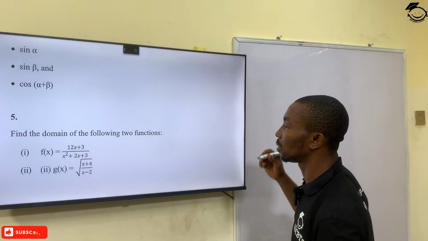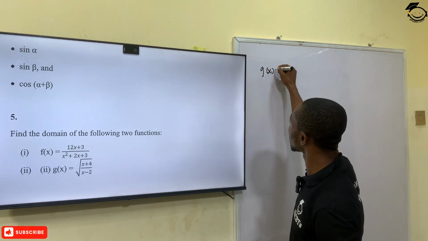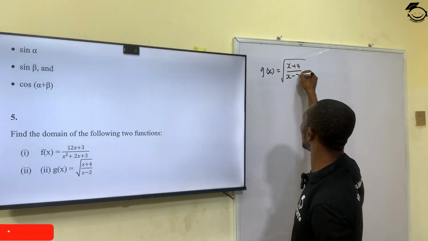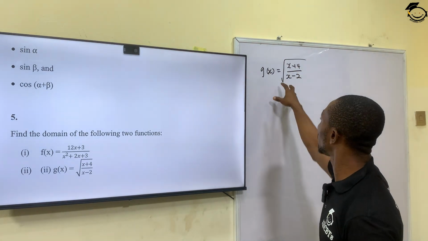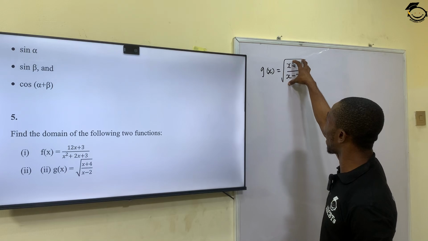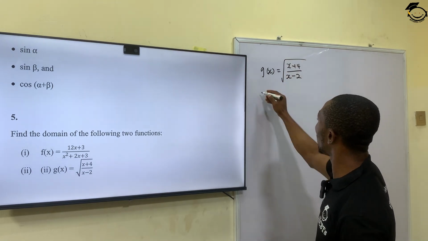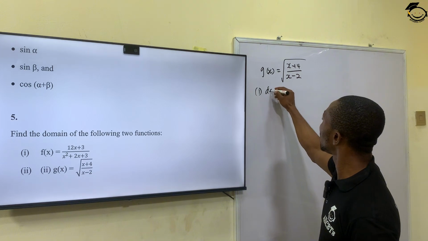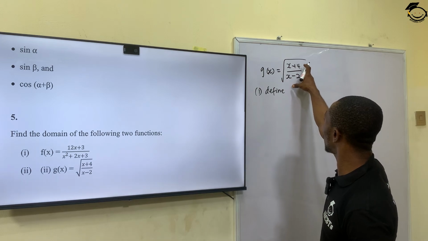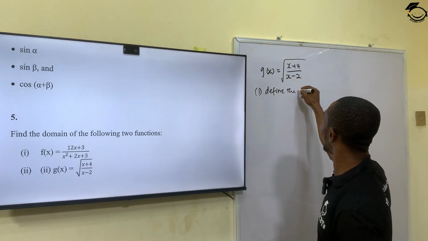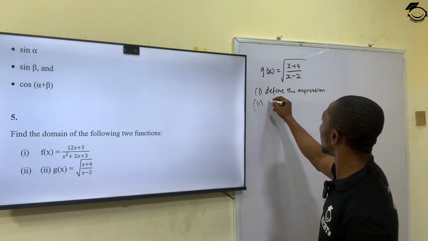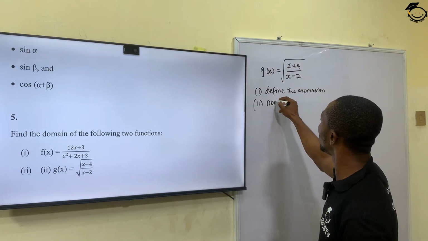Now, for our second function, it says g of x equals root of (x plus 4) all over (x minus 2). For us to find the domain of this function, we need to find the values of x under this square root that would define our expression: one, the values of x that define the expression, and two, the values of x that are non-negative.